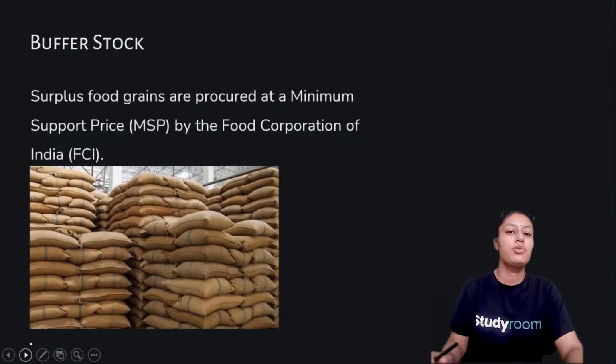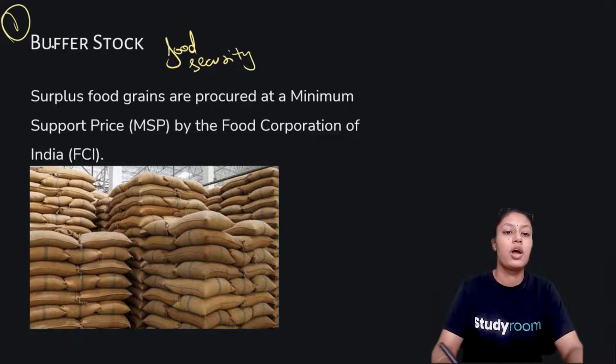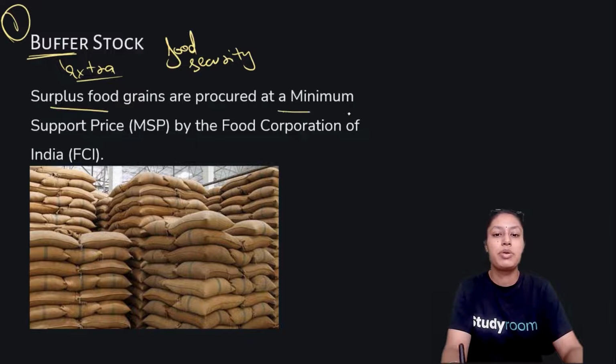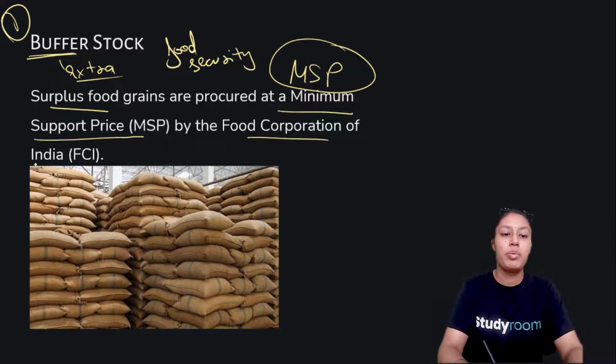Now let's understand two very important components of food security. One, buffer stock. Buffer means surplus, means extra. So buffer stock means having surplus food grains that are procured at minimum support price, MSP. It's set by the government, through the Food Corporation of India, FCI. So buffer stock is having surplus stock over what is required by our people.